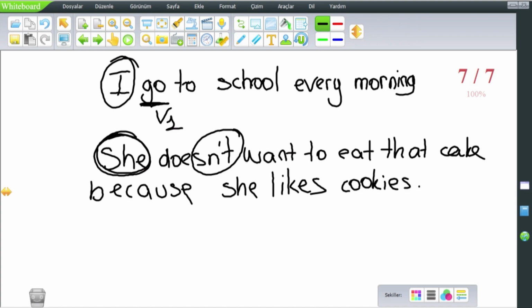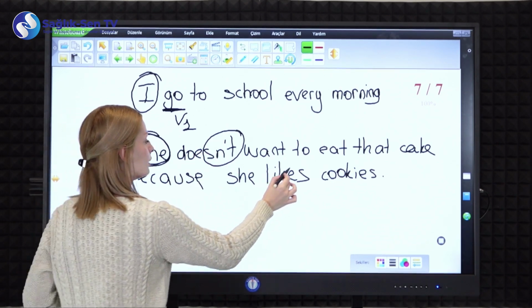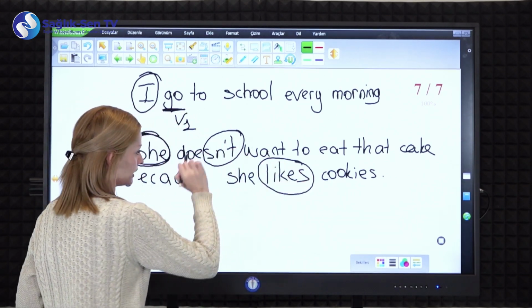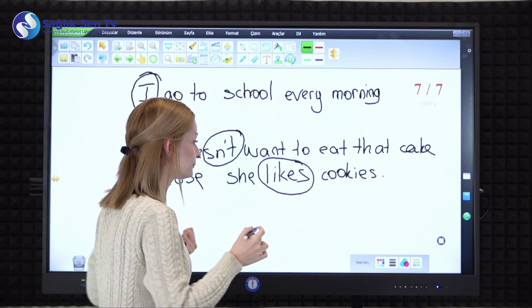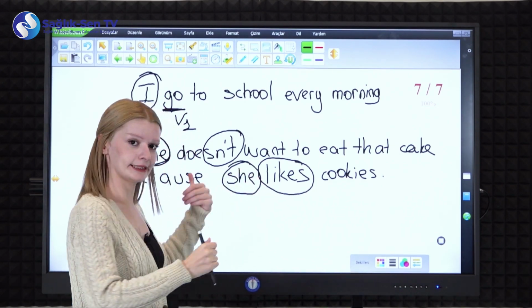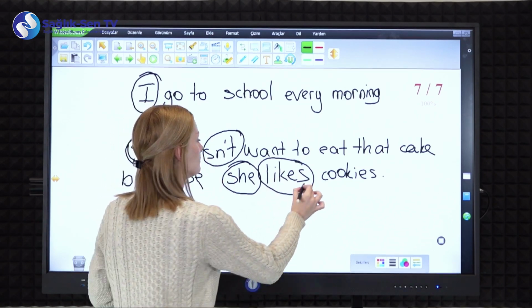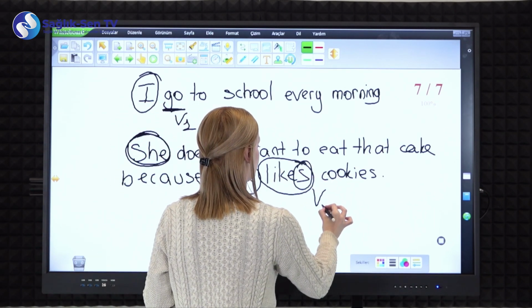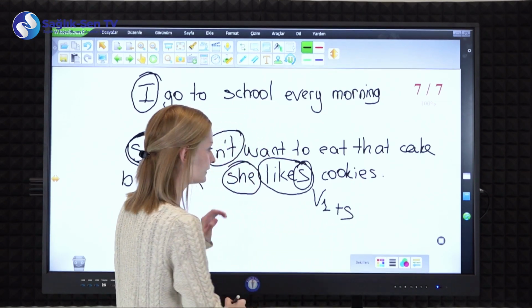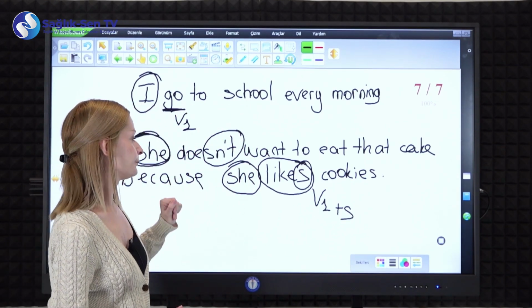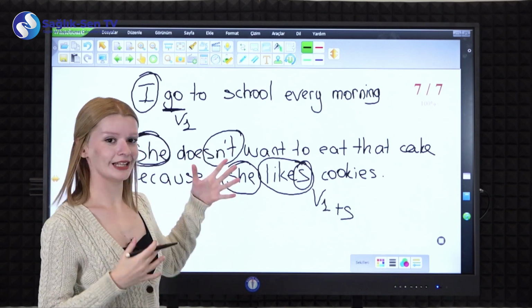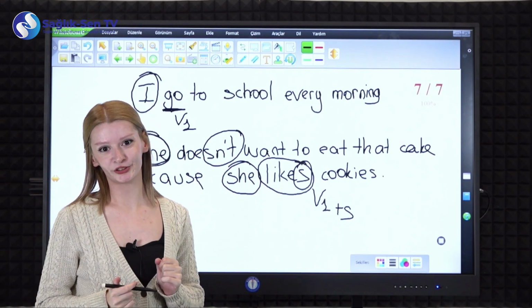Doesn't want to eat that cake because she likes cookies. Burada da ilk cümlenin aksine olumlu bir cümle görüyorum. My subject is same, which is she. And this time I add verb 1 and s to my verb because, like I said, our subject is she.